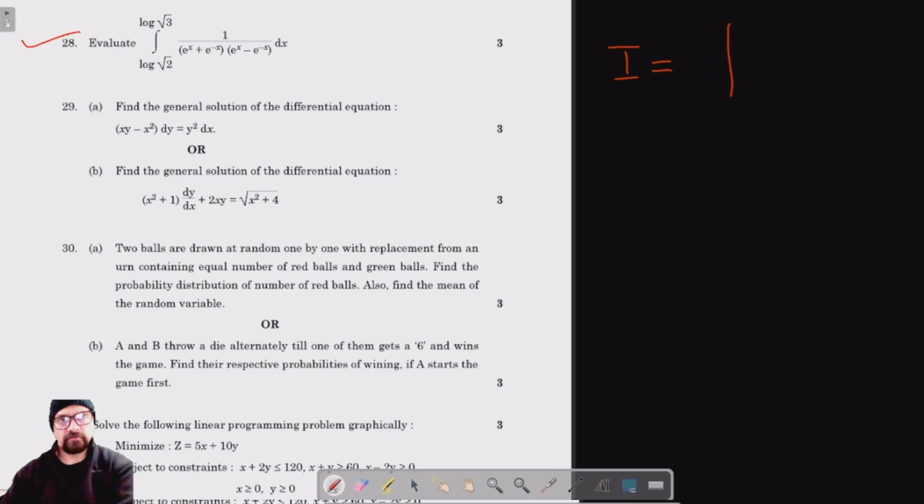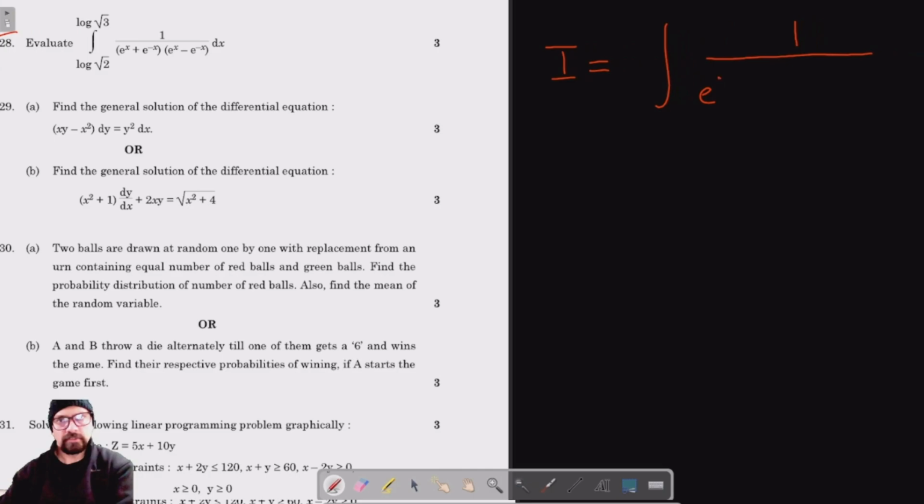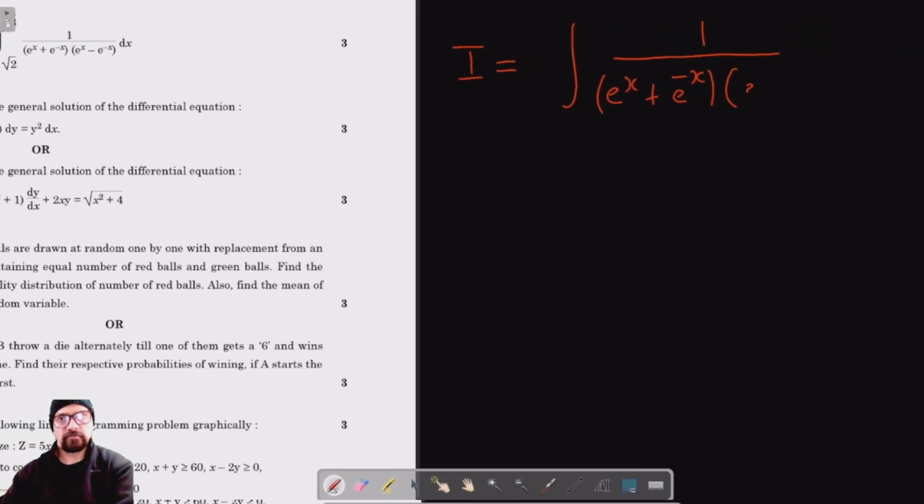So I is equal to 1 upon e raised power x plus e raised power negative x into e raised power x minus e raised power negative x into dx. And let's try to simplify it first.